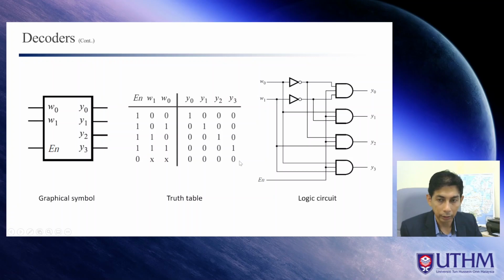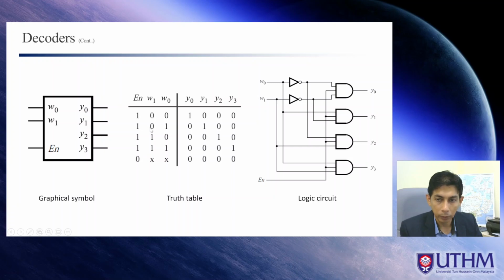That is the enable. But if enable equals 1, the output depends on the combination of W1 and W0. If W1 equals 0 and W0 equals 0, Y0 equals 1, and the rest equal 0.